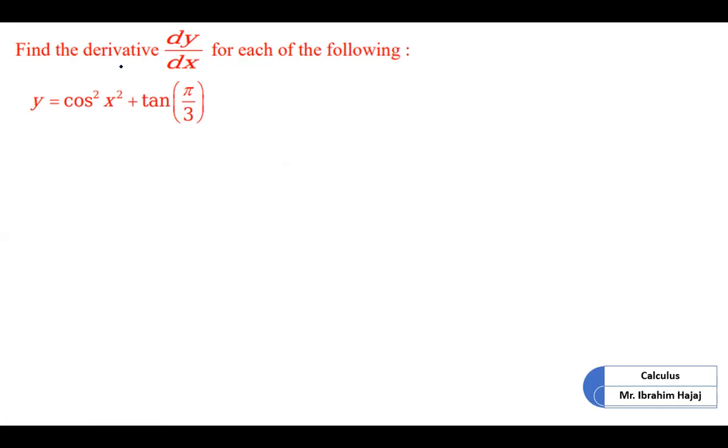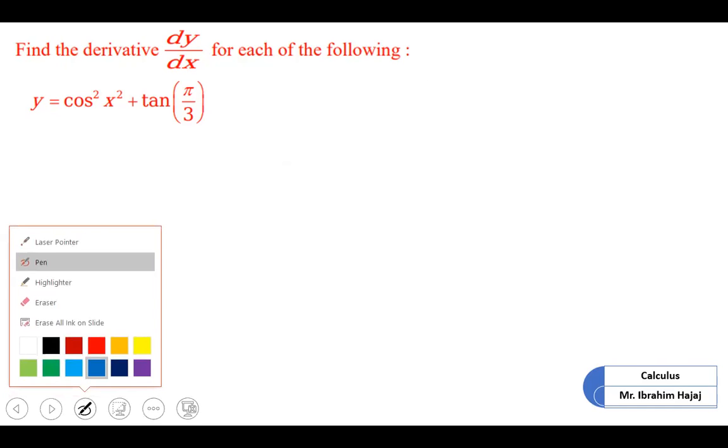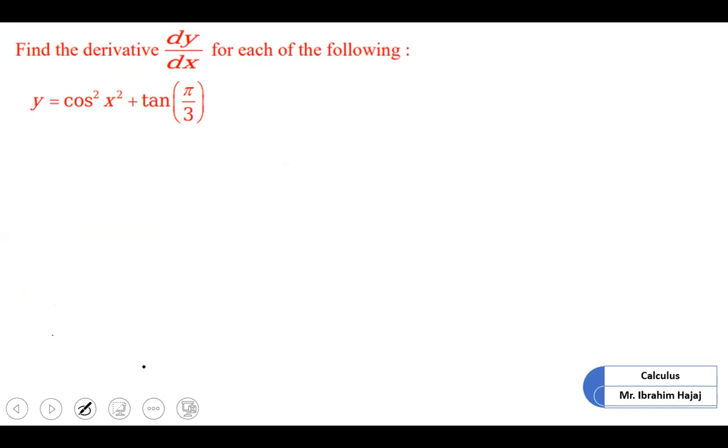Next question, find the derivative dy over dx of the following function. I would like you guys to pay attention to this question, because in this question we have to use the chain rule. So y prime is the same as dy over dx. Y prime is equal to, listen carefully.